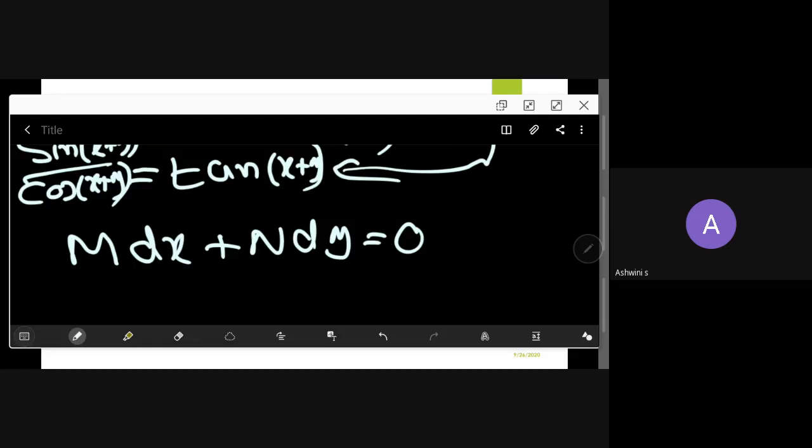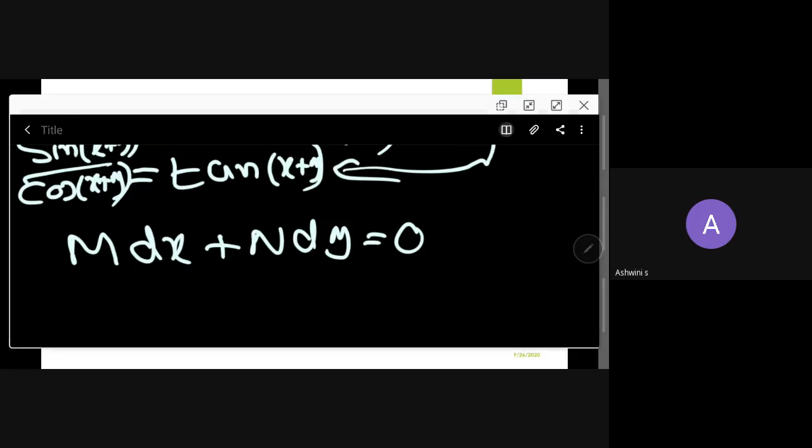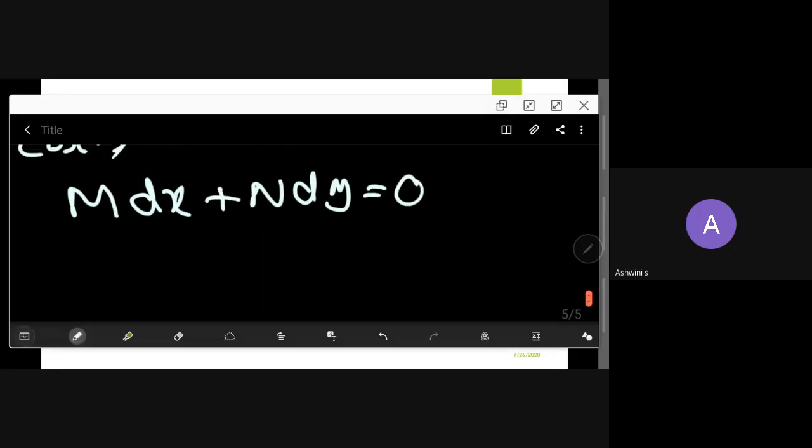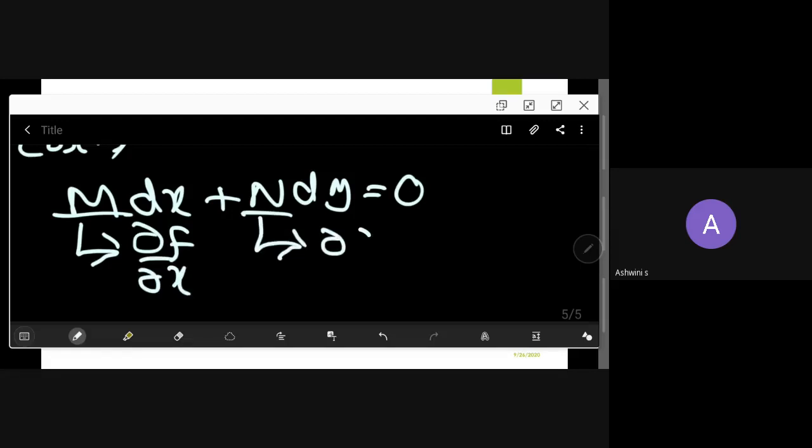Then if we are able to find that M is realized as dou f by dou x, and N is realized as dou f by dou y, then the whole left hand side is dou f by dou x dx plus dou f by dou y dy equal to 0.